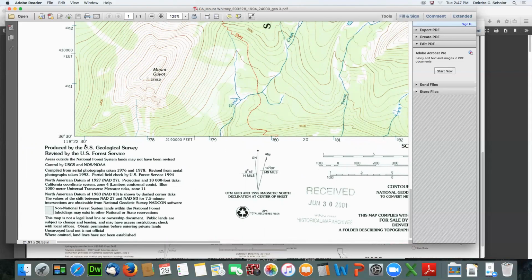So the next question deals with distance. How much area, how much distance on the Earth's surface do these maps actually cover? Now remember that degrees and minutes of latitude and longitude are actually distances. They're measurements of distance on the Earth's surface.